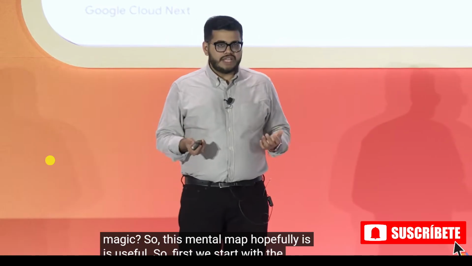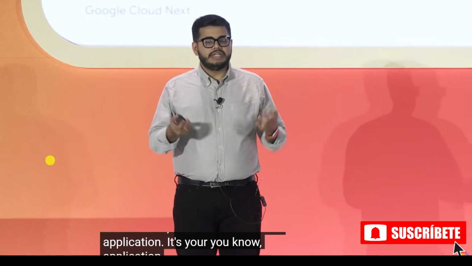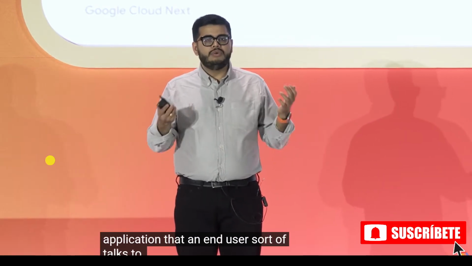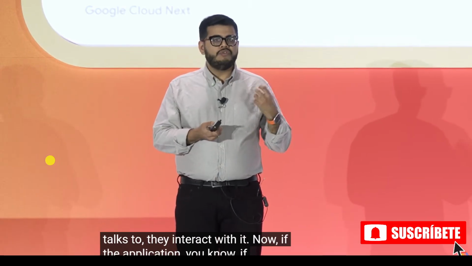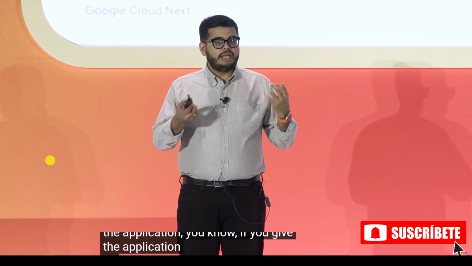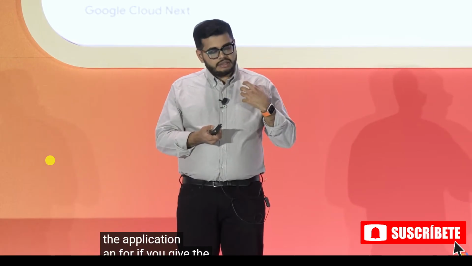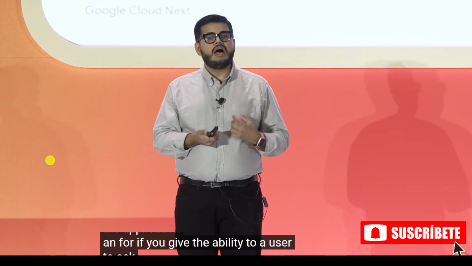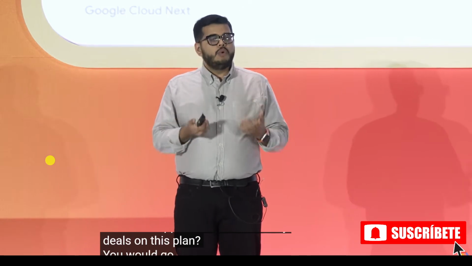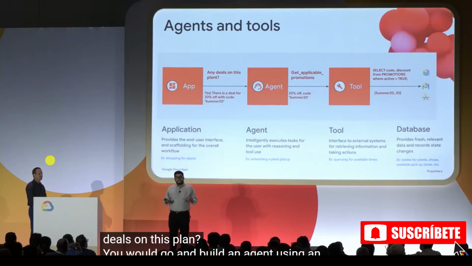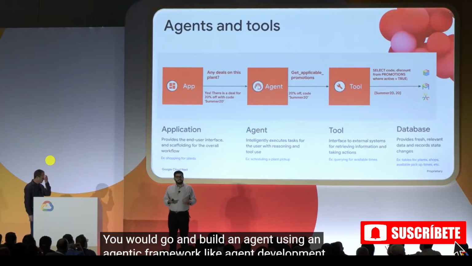First we start with the application. It's your application that an end user talks to and interacts with. Now, if you give a user the ability to ask the application, are there any deals on this plan? You would build an agent using an agentic framework like Agent Development Kit or LangChain.